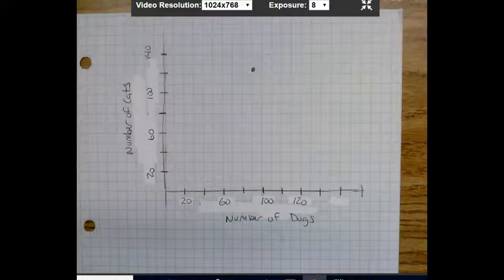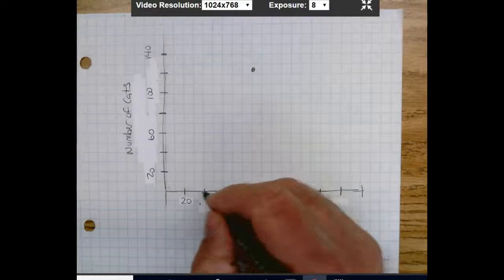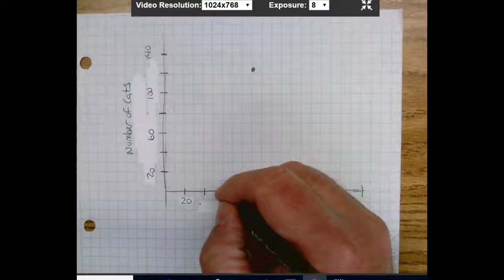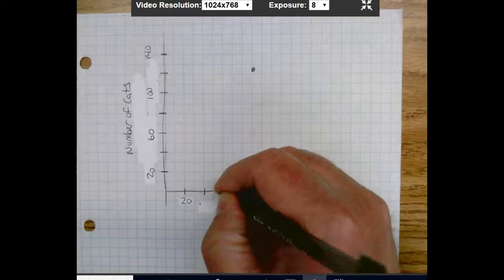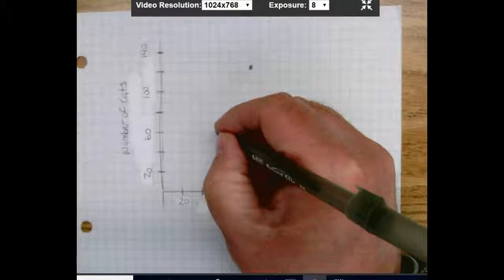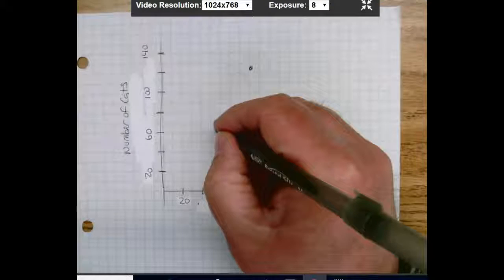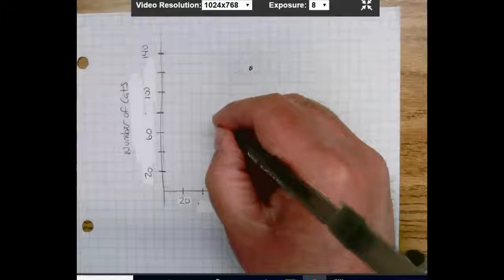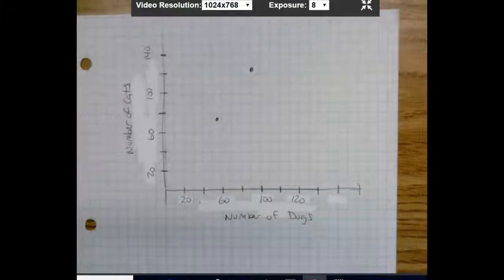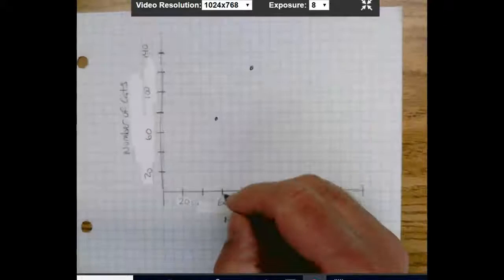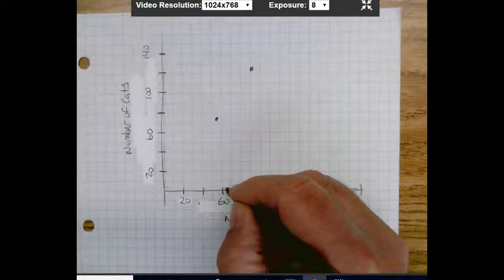Then we have 54 and 72 in February, so about there, somewhere around here. And then we're going to go 62 and 85, just pretty close to here.